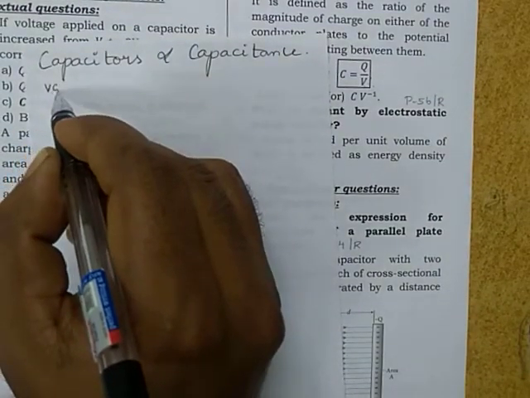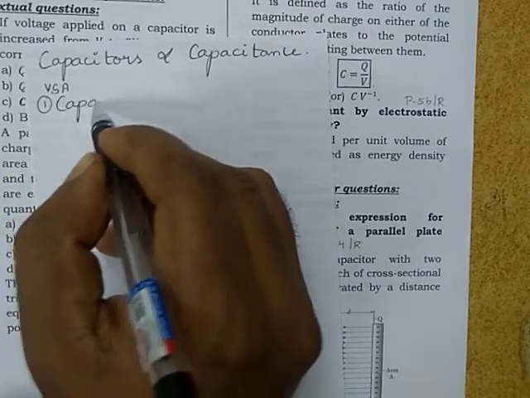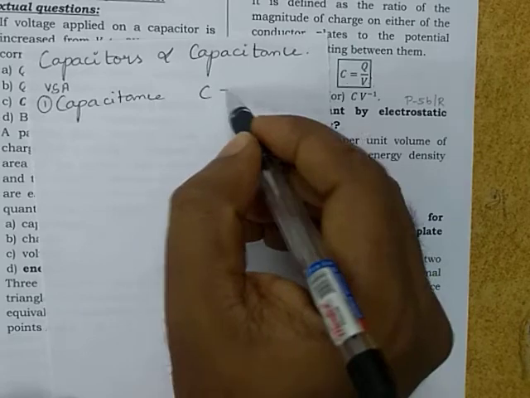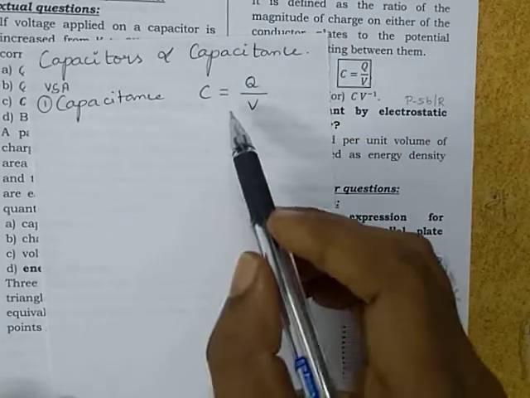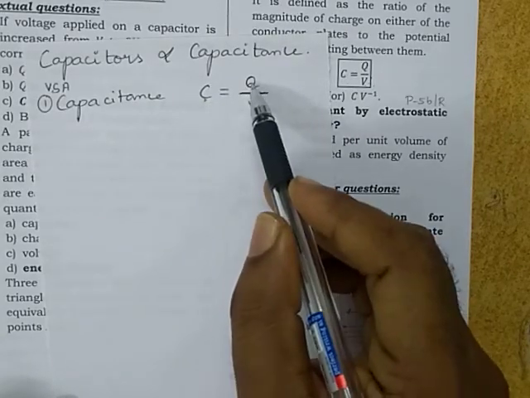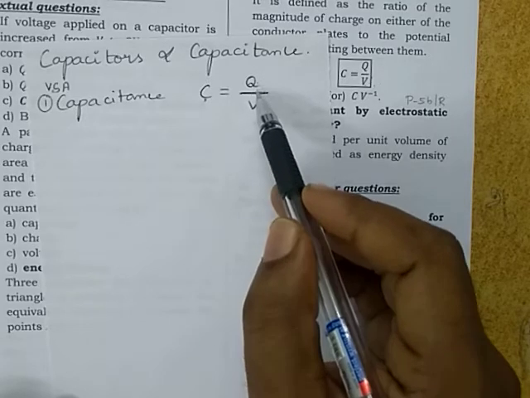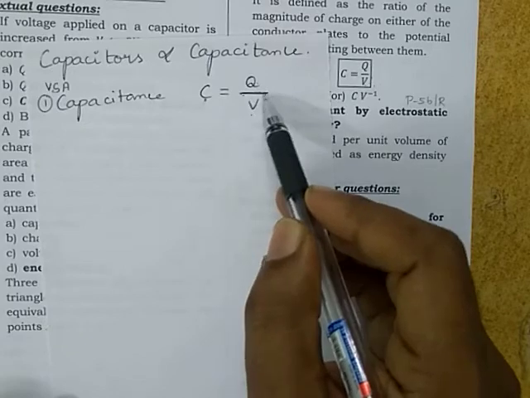First question, capacitance, very short answer question. For this, we need to know C is equal to Q by V. Capacitance is the ratio of charge given to either of the conductor plates to the potential difference existing between the conductors.